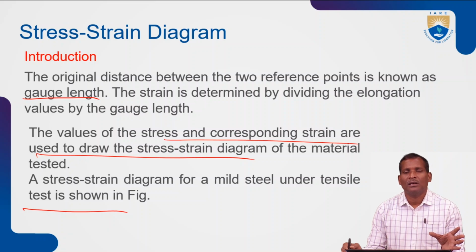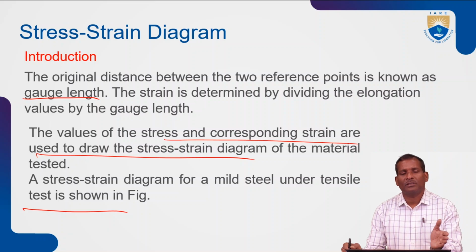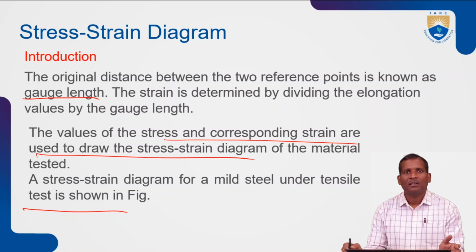All these points are determined by testing a standard specimen in a universal testing machine, UTM. These values are noted on a graph sheet, on the x-axis and y-axis, and you will get the stress strain diagram.